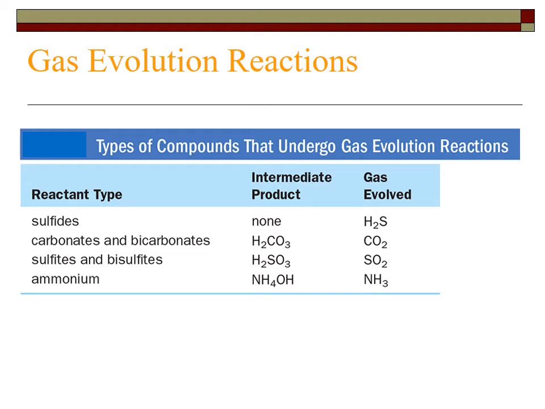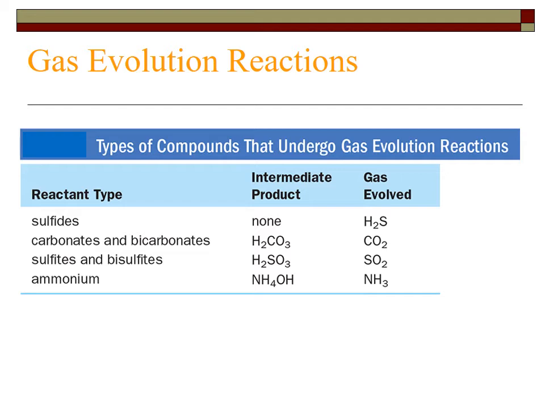What we have found is that gas evolution reactions follow these particular types of intermediate products and gases involved. If the reactant is a sulfide, we don't get an intermediate product, we just get H2S. If we have a carbonate or a bicarbonate, we end up with an intermediate product of carbonic acid and carbon dioxide.